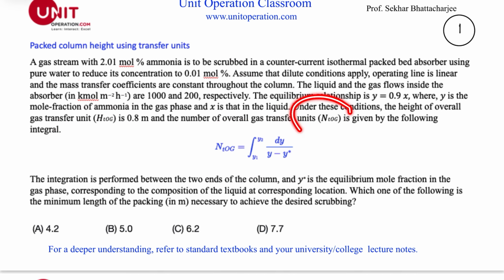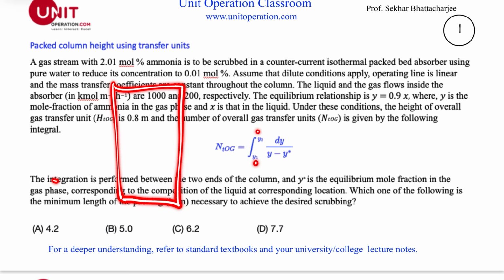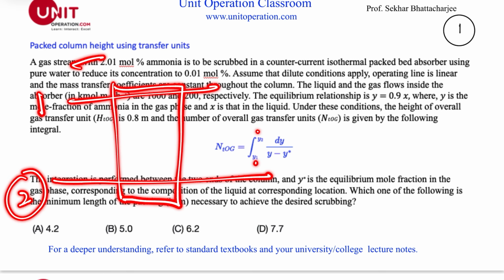NTOG is given by this relationship, where there are Y1 and Y2. Let's take this as level 2 and this as level 1. Here the concentration of ammonia in the entering water is taken as X1, and the lean gas which is going out is Y1, equal to 0.0001.